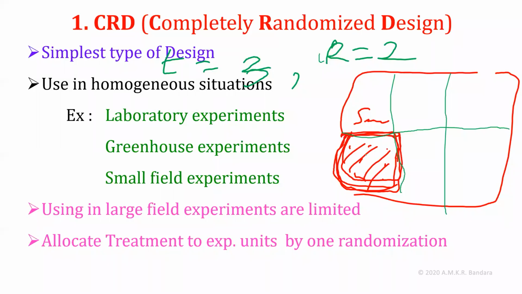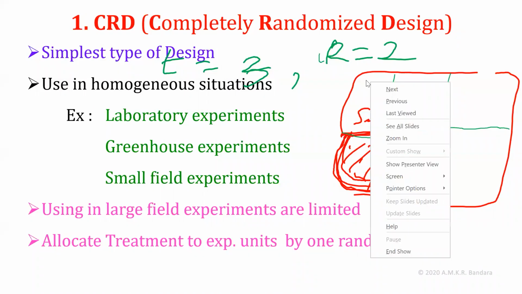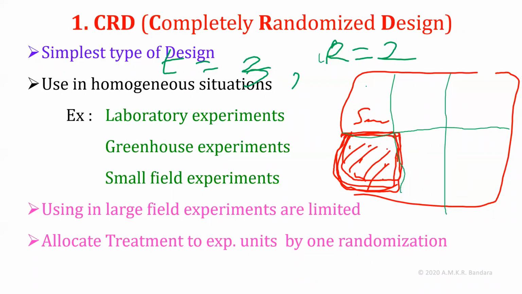So we can use a random number table, or we can write 6 sheets, where in 2 sheets we write T1, another 2 sheets we write T2, another 2 sheets we write T3, and put them into a container, mix it well, and take one number. Assume we got T2, then for the first plot, we have to apply T2.